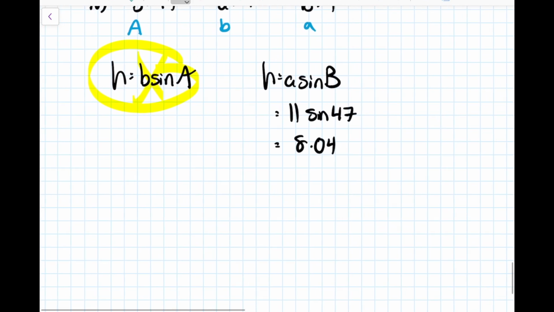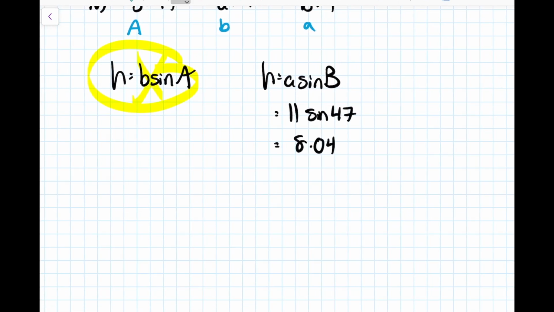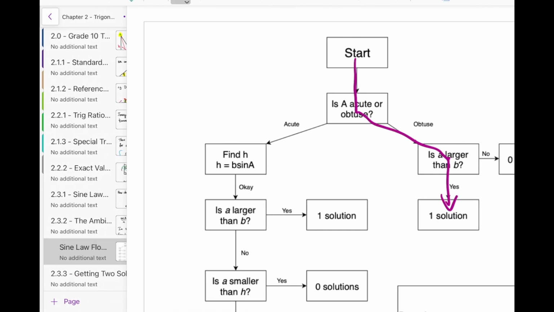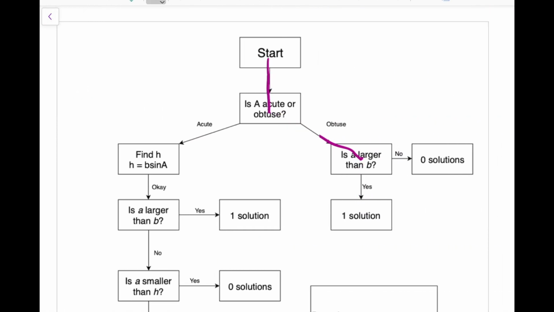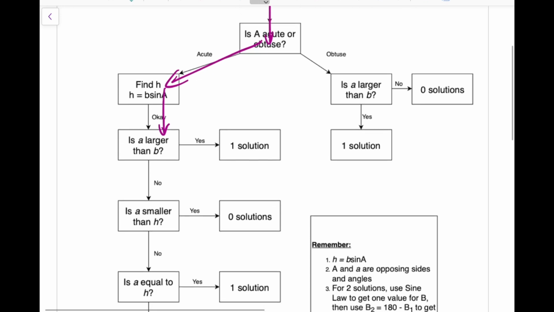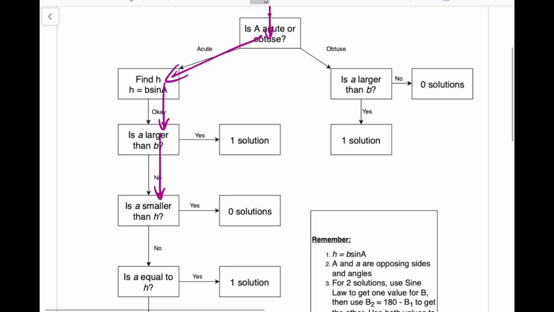And so if we go back to our flowchart, we've got that our angle is acute, which is why we bothered to find H in the first place. And then, okay, is A bigger than B? So remember, being really careful with the letters here. As far as we're concerned, A is 9 and B is 11. So no, A is not larger than B. Is A smaller than H?